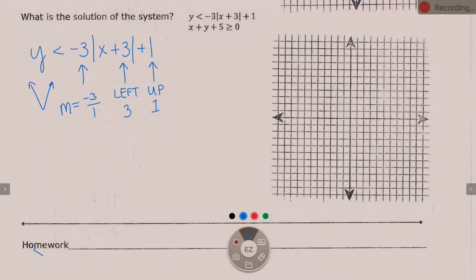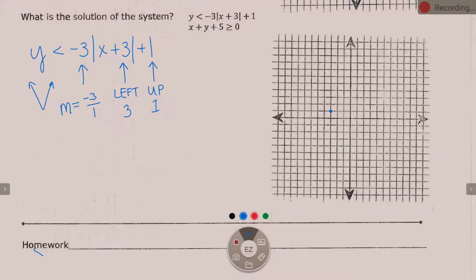So, okay, here we go. I'm starting at 0, 0. Where am I going? Left 3, up 1. There's my vertex, yes? Now, normally, a typical V, we go up 1, over 1, up 1, over 1.